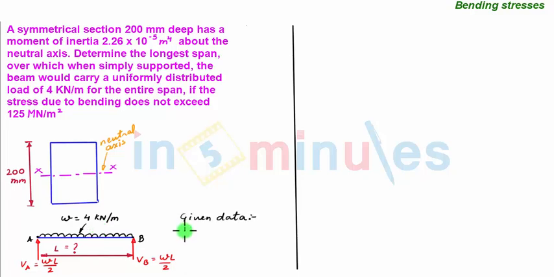We've been given the moment of inertia of the section, IXX, about the neutral axis, equal to 2.26 × 10^-5 m^4.